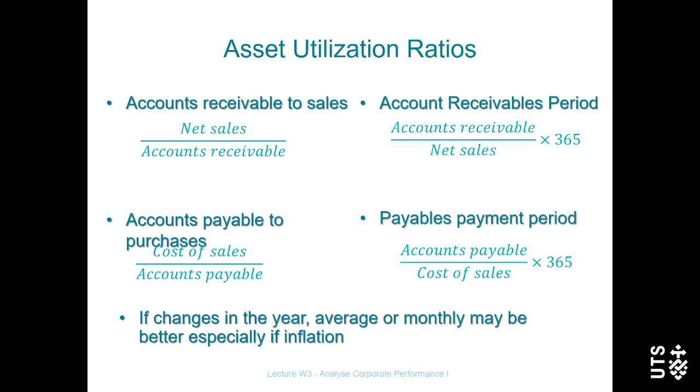You would expect companies selling for cash, retail chains that will have lots of their sales based in cash, to have very short receivable periods. And you would expect companies financing the buyers for 3 to 6 months to have longer receivable periods.